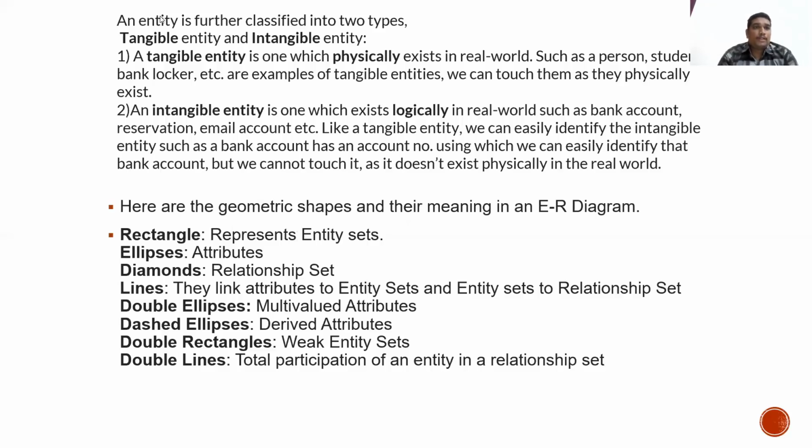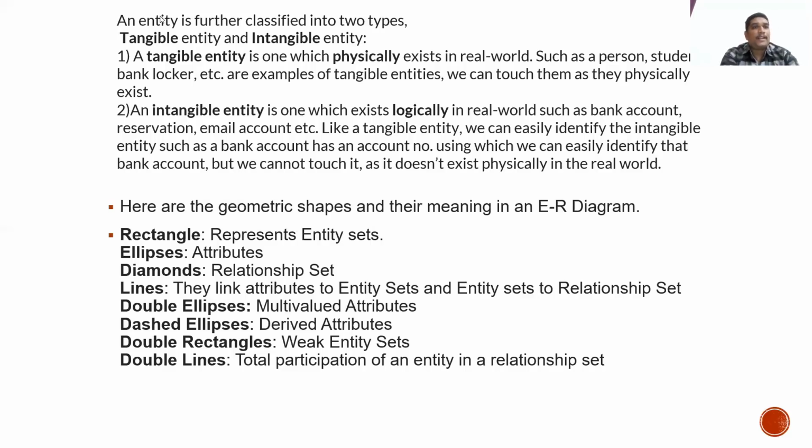If physically we can't see the entity, and logically we can see it but we can't touch it, that is called an intangible entity. For example, for a tangible entity, a person, you can see the person and you can touch the person.